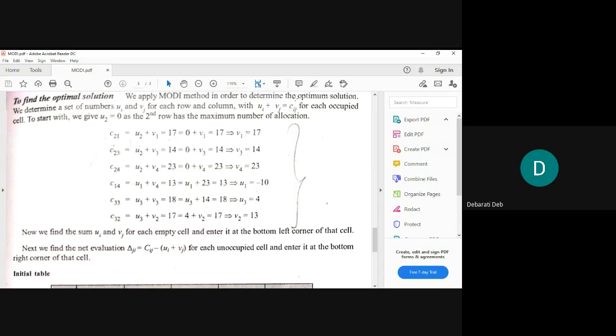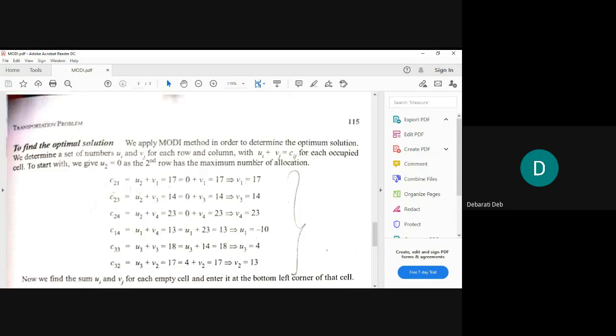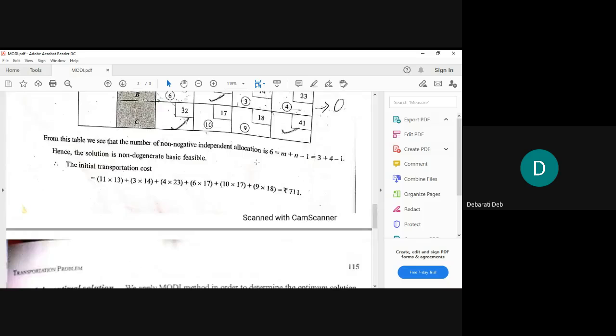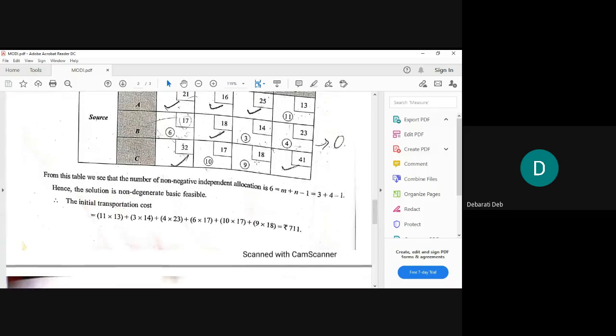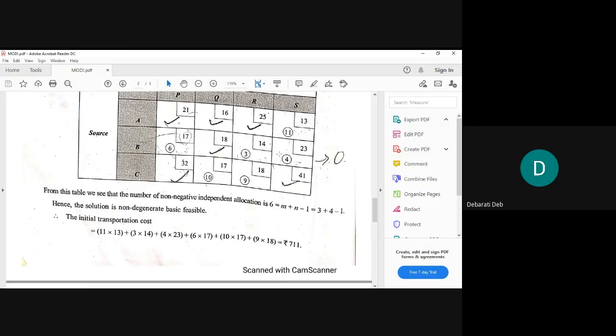Now we know V1, V3, V4 and U2. We will utilize these findings to calculate the values for the rest of the allocated cells. So if we start with this cell, say U1, V4, can we calculate the value of U1 then?